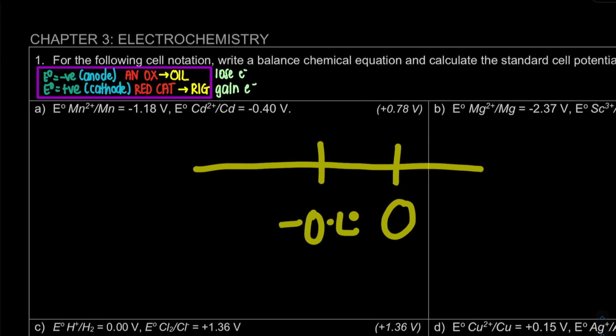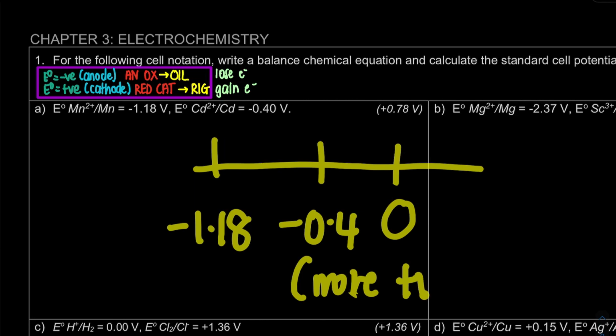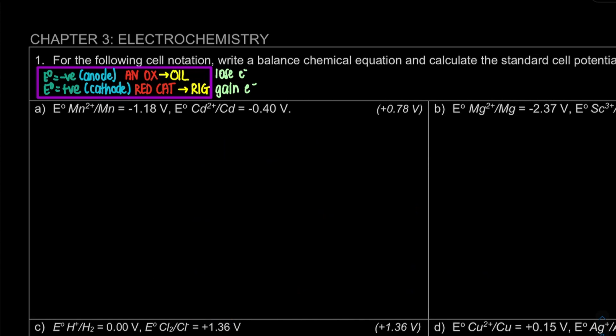So here negative 0.4, here will be negative 1.18. Here becomes more positive, negative 0.4, and negative 1.18 is more negative. So it means that negative 0.4 will become our cathode, negative 1.18 will be our anode.